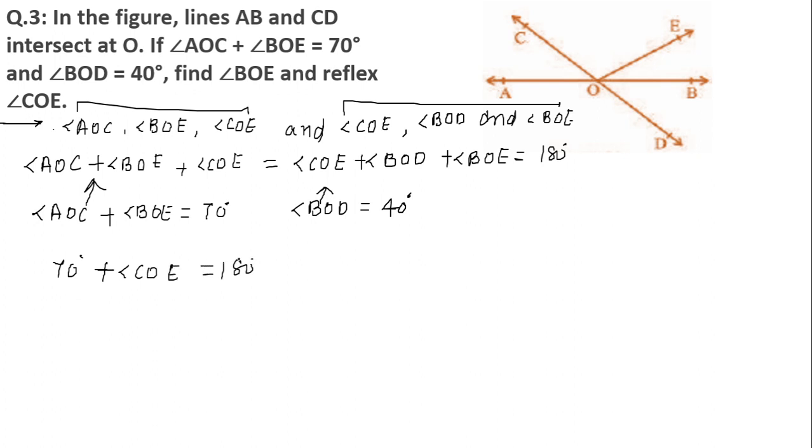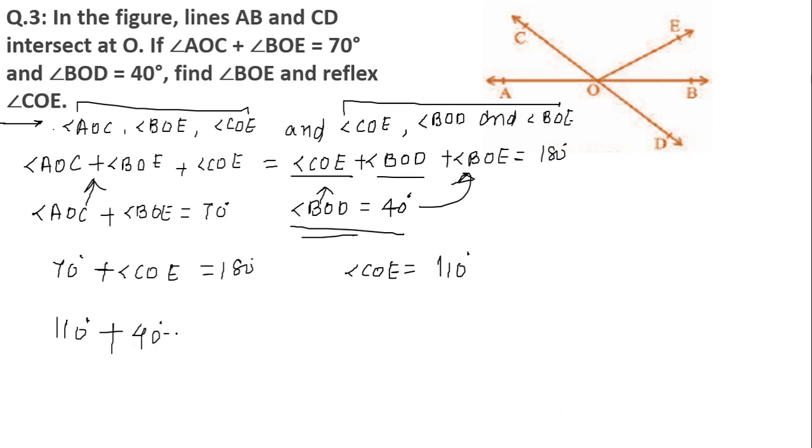Okay, and the other I'll get here is angle COE will be equal to 180 degrees minus 70, that is 110 degrees. Next, if I substitute now this value, angle BOD is equal to 40 degrees in this particular summation, I'll get here 110 degrees plus, because angle COE right now we have got the value, that is 110, angle BOD we know it is equal to 40 degrees, plus angle BOE is equal to 180 degrees.